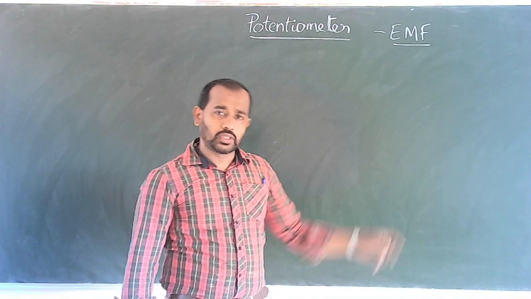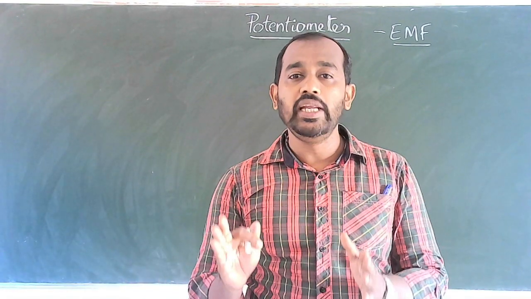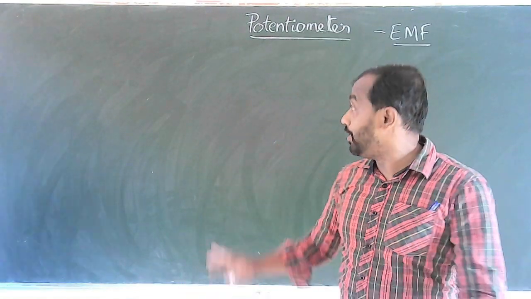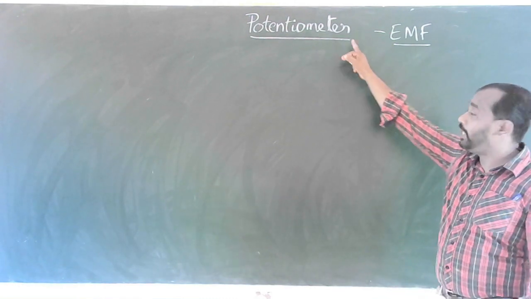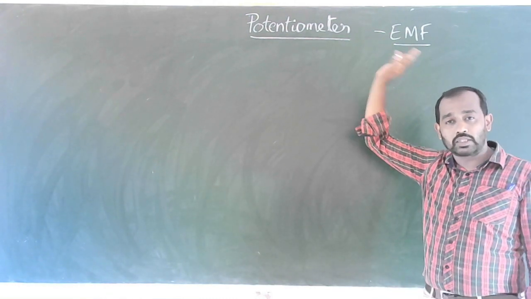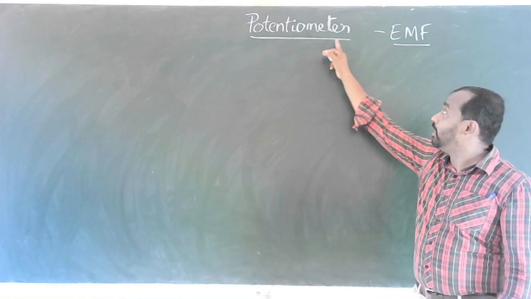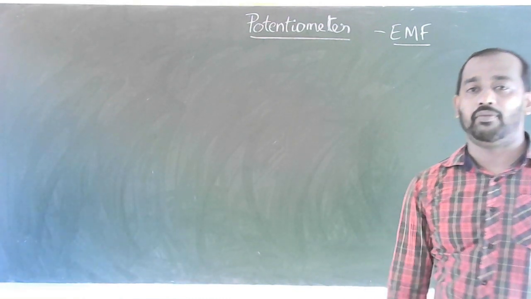We can also use the voltmeter for measuring the voltage, which only measures the terminal potential difference between any two points. It does not measure the EMF. This is the only device which we are going to study in theory and also in laboratory, which can be used for exact measurement of the EMF.